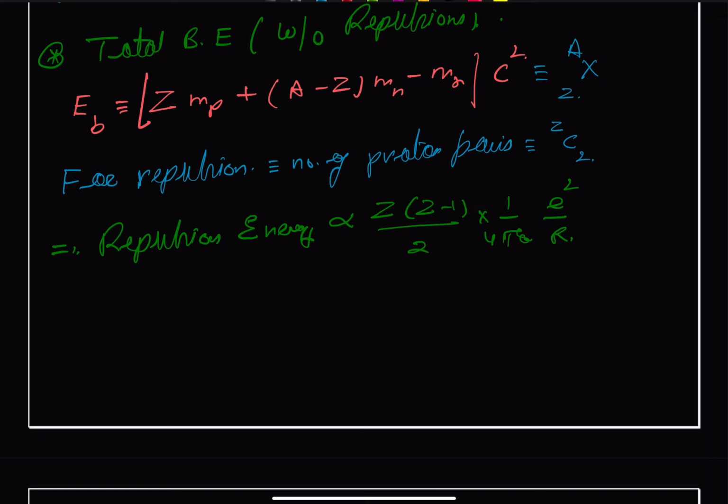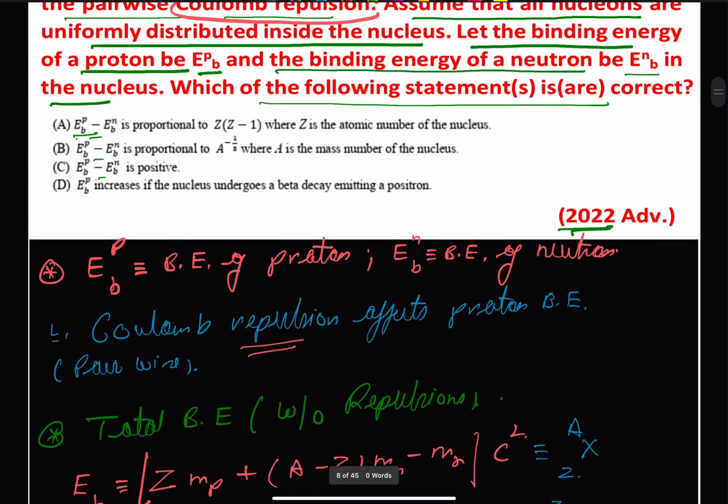And we are having proton as well as neutron and their difference in energy. Therefore, we can say the binding energy of proton minus binding energy of neutron will be proportional to Z minus 1. So it means our option A is correct.